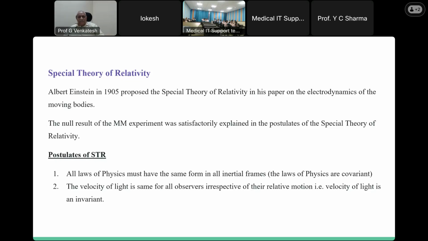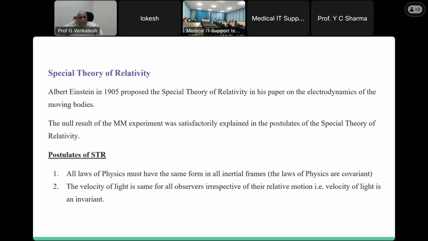A law of physics is nothing but the codification of experimental results. And therefore, this should not depend on the choice of the coordinate system. If we perform an experiment in Bangalore, in Jaipur, in London or New York, the same result should be yielded. That is what the principle of covariance is.